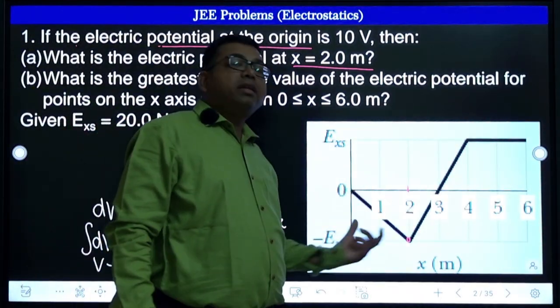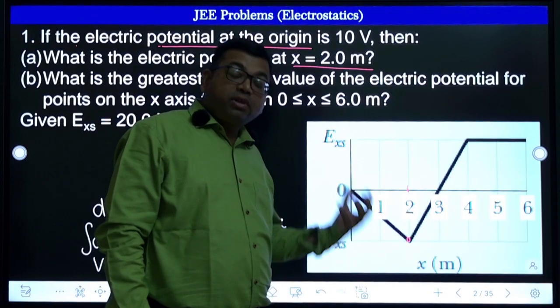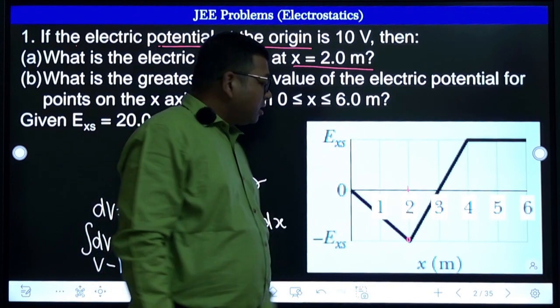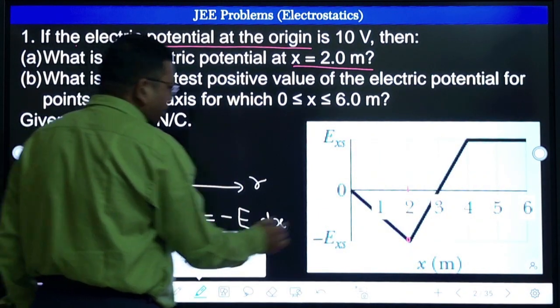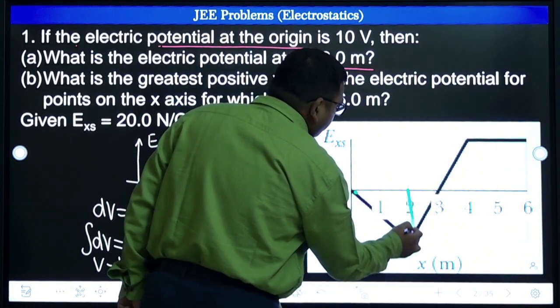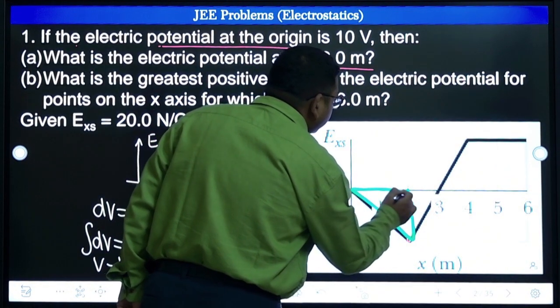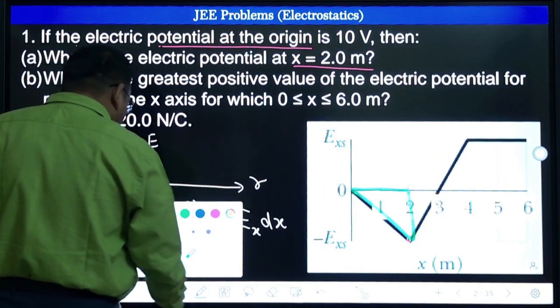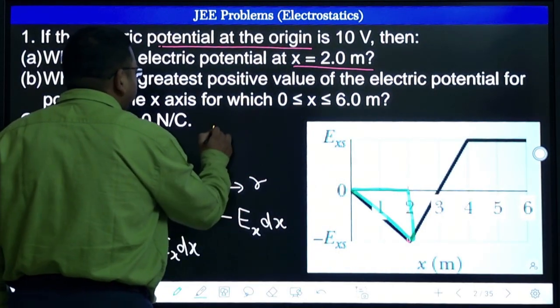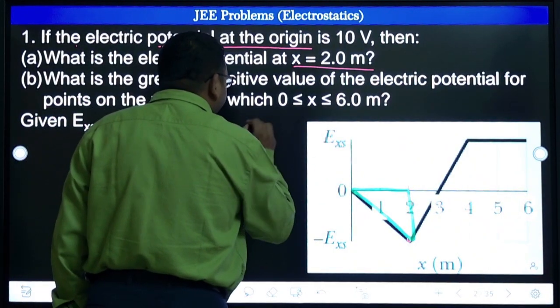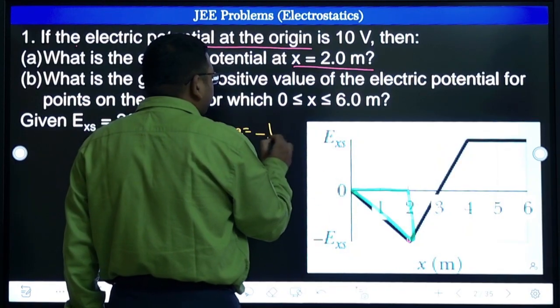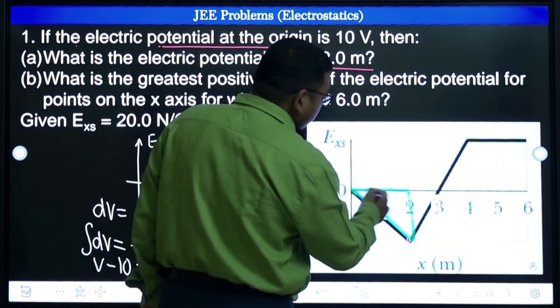Now what is the area under this graph? We have to take the area with proper sign. The area up to point 2 is what we are interested in, so let us calculate it first. Remember this is a negative area, half into base into height.